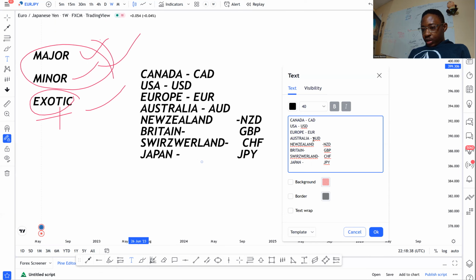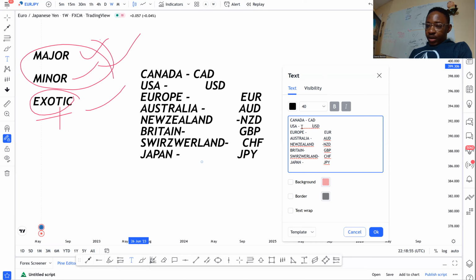So these are what I'm referring to as the major and the minor currencies. We'll also look at the exotic currencies, but as you've noticed, we don't trade one currency. So we have what we call currency pairs. So we are going to look at how the currencies are paired.